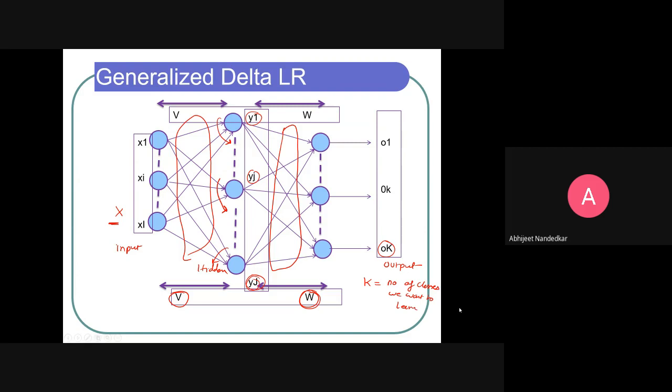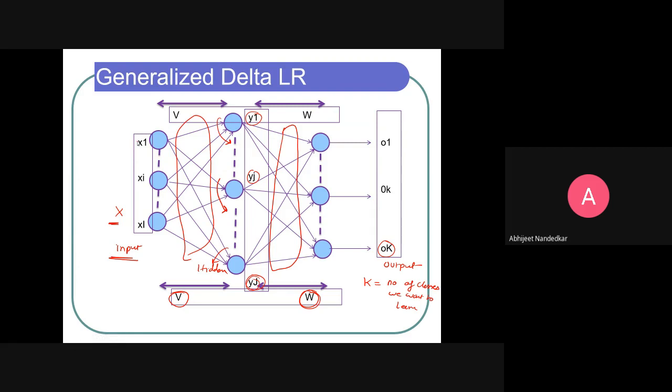Suppose we want to learn 10 classes, then there are 10 nodes on the output side. How many nodes on the input side? It depends on the input feature length. Suppose you are extracting two features for some problem, then there are two nodes on the input side.